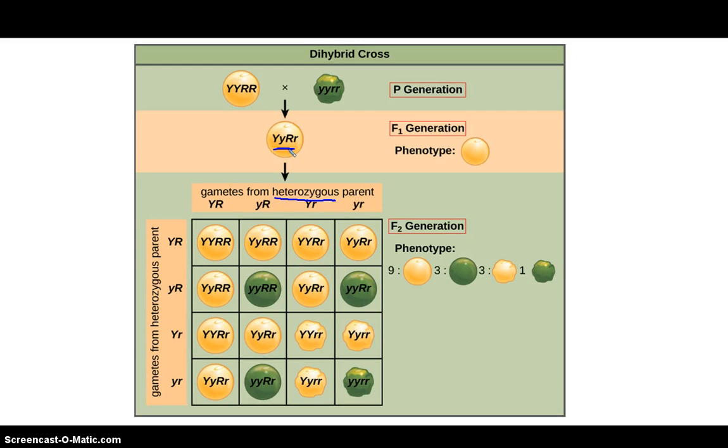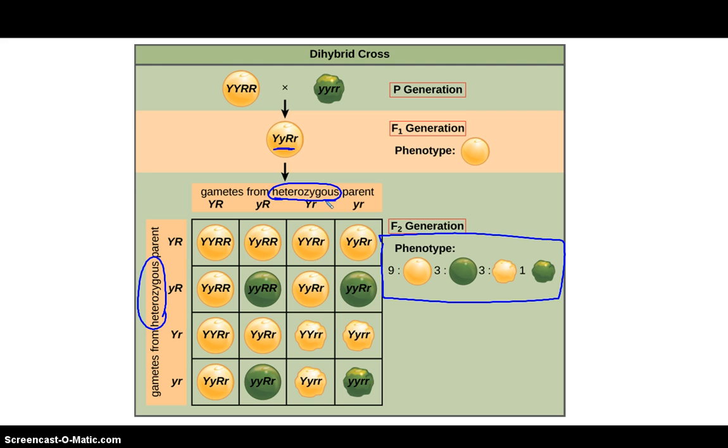Instead of the relatively simple 3-to-1 or 1-to-2-to-1 ratios that we see with a monohybrid, what you need to remember is that for a dihybrid cross, we're always going to get this characteristic 9-to-3-to-3-to-1 ratio if both parents are completely heterozygous.